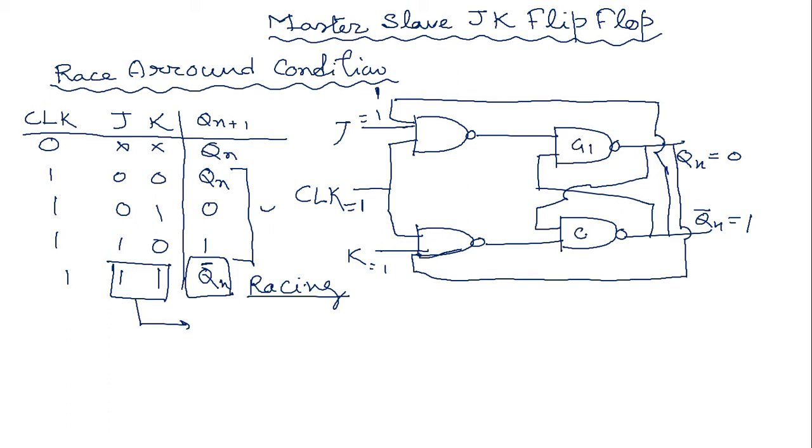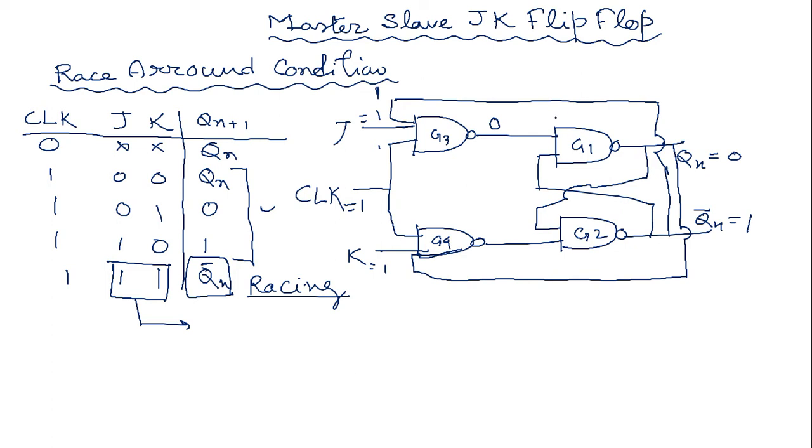whenever all inputs of any NAND gate are 1, the output should be 0. So if I concentrate on the G3 NAND gate, when all inputs are 1, the output of this NAND gate is 0.